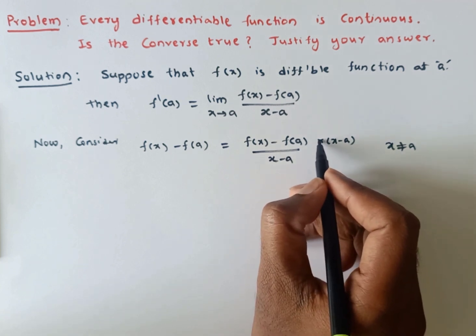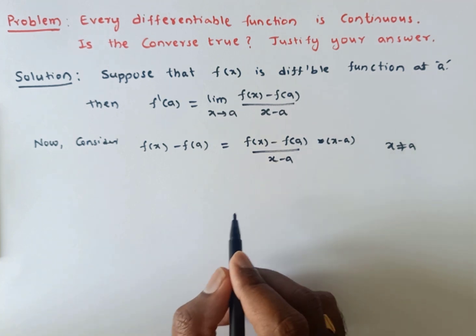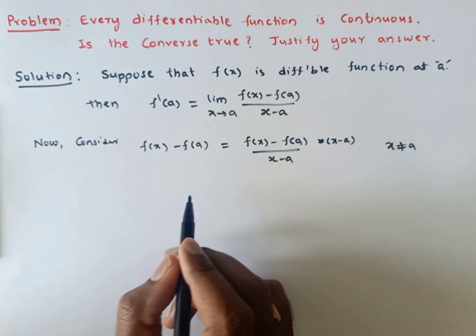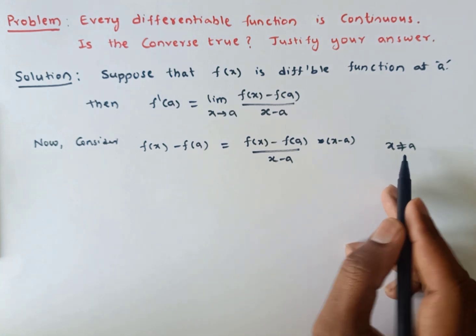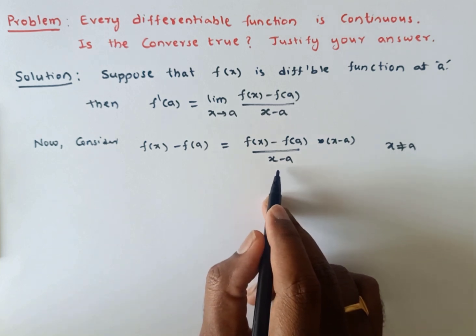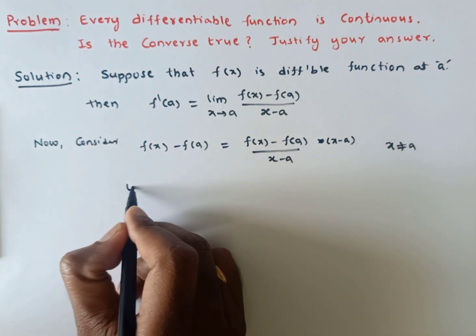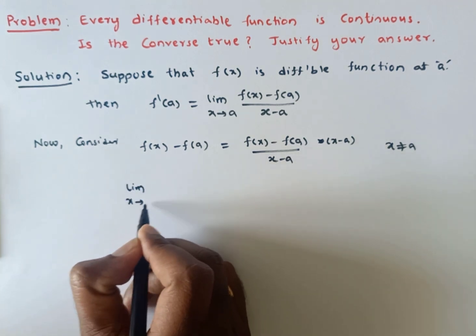Then we can multiply this with x minus a. Now apply the limit on both sides as x goes to a. Here I am saying x is not a, but x may approach a, no problem, right? So x approaches a but is not a.